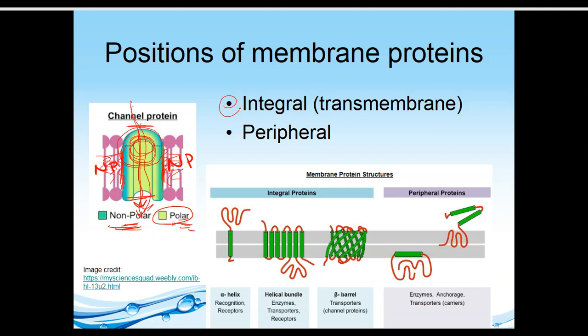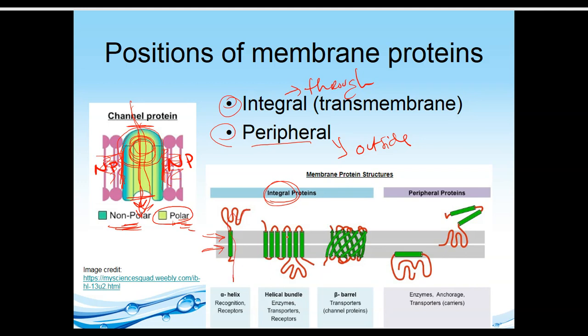So in addition to our integral or transmembrane proteins, which go from one end of the membrane to the other, we have peripheral proteins, and they just stick on the outside. So integral go all the way through. Peripheral proteins sit toward the outside. So here are some examples of integral proteins. You can see this is our phospholipid bilayer, 1 layer, 2 layers.